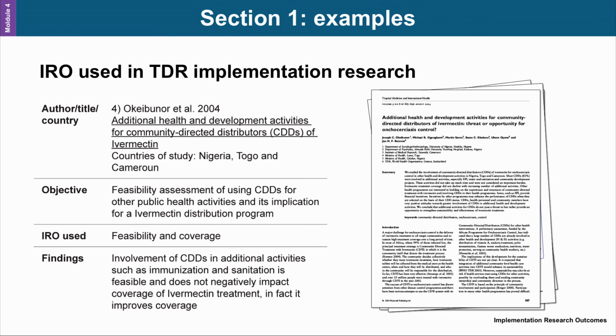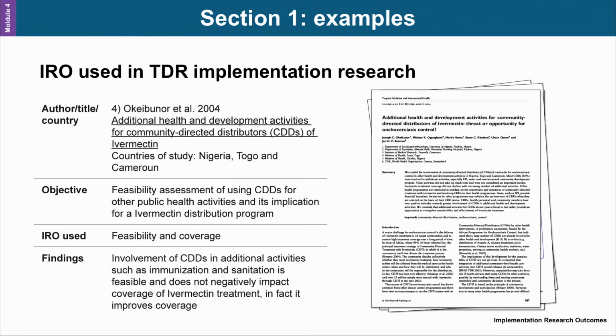First, they looked at feasibility. That is to say, is it possible at all to incorporate additional tasks for these community distributors of the ivermectin control program? For instance, could they be involved in sanitation, in immunization and nutrition programs in their community, without that negatively or adversely affecting their work in ivermectin control? And they also looked at coverage.